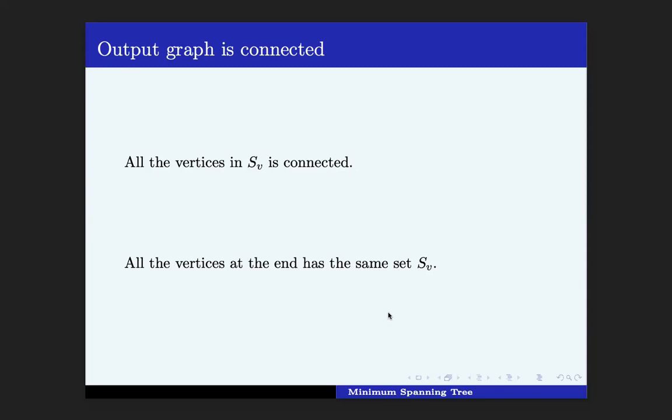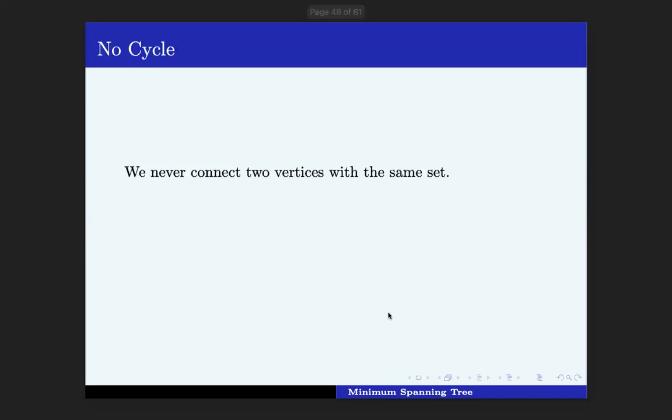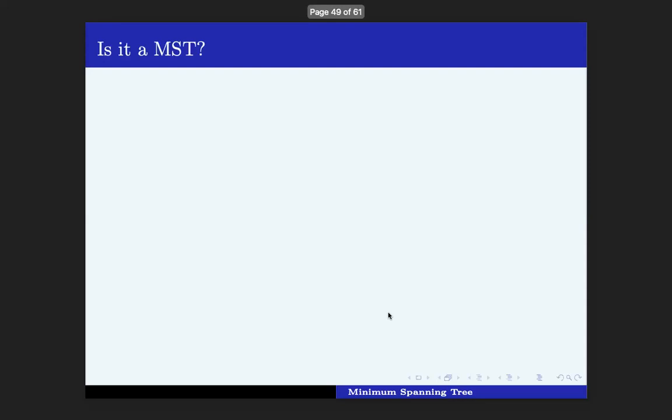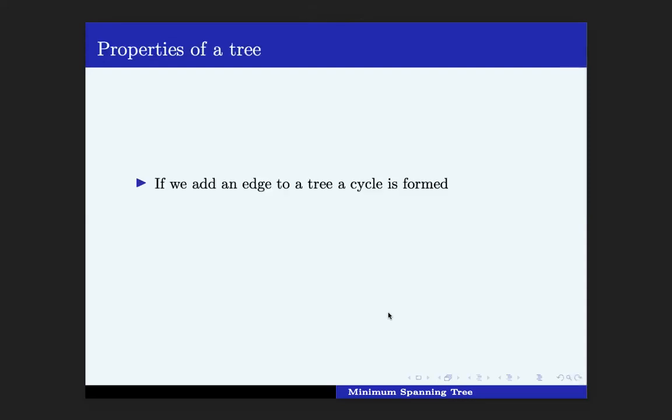The fact that we'll never have a cycle is more obvious, because every time we pick an edge, we ensure that no cycle is formed. So that cannot happen. The more interesting part to prove is why this is an MST. And this is where whatever we were discussing in the beginning actually helps.